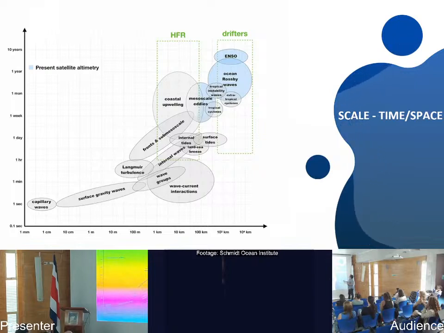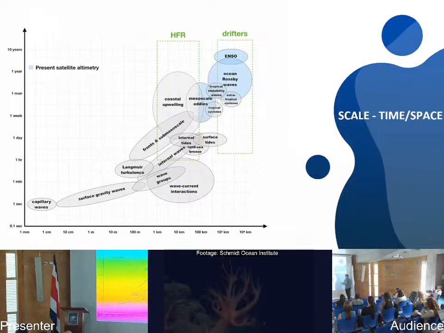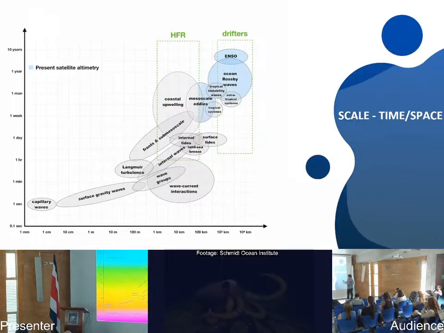For example, the ones in light blue are the ones that we are able to understand thanks to remote sensing, pretty much satellites. But as you can see, there are a lot of other processes that are not necessarily well addressed in detail with satellite imagery, and this is why we need more technologies to complement the satellite data.